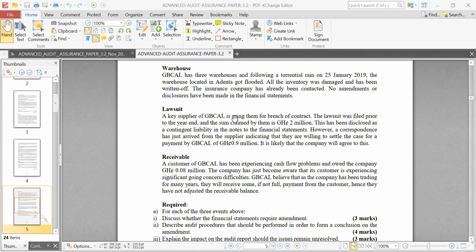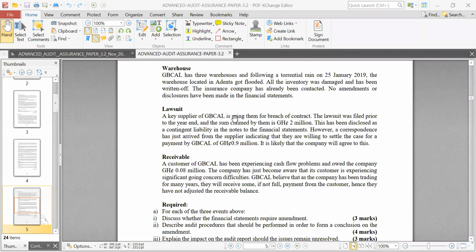However, if you got to know about the going concern issue after the date of reporting, then I think it will not really be an adjusting issue. Okay, so first of all, going concern: was it identified after the year end or before year end?